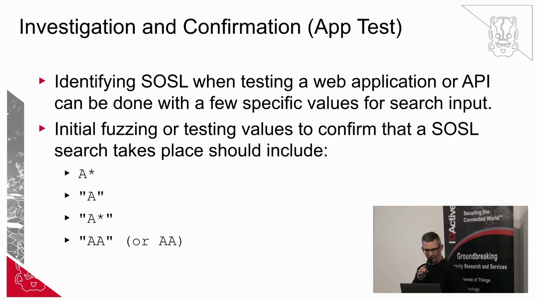Those four things I've got there are the literal payloads that you should use. So the quotes would be included as part of those payloads. And in any fuzzing of a web application or API, that will help you to find instances where SOSL queries are being used.